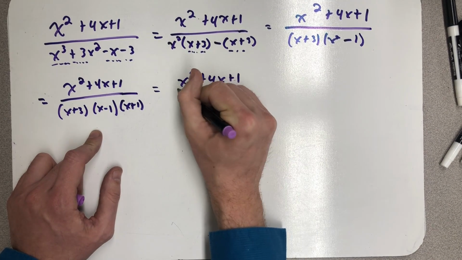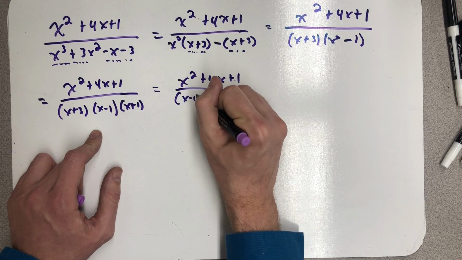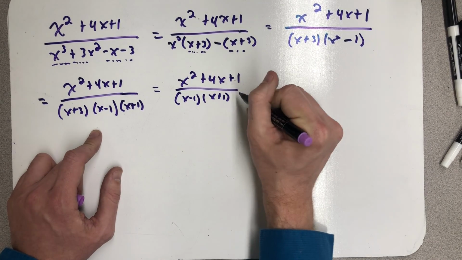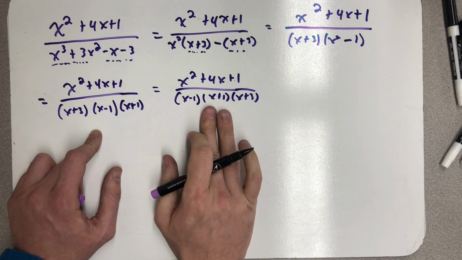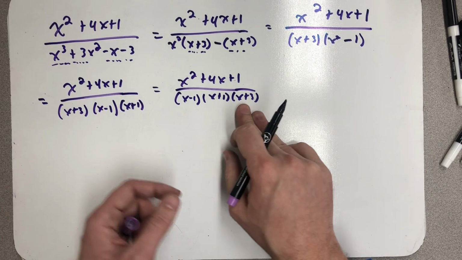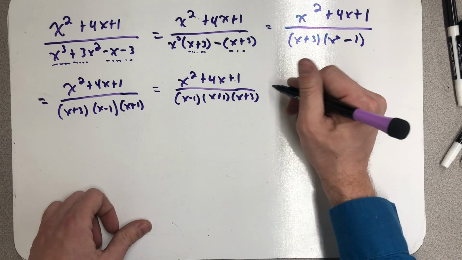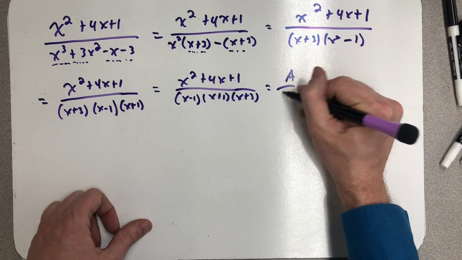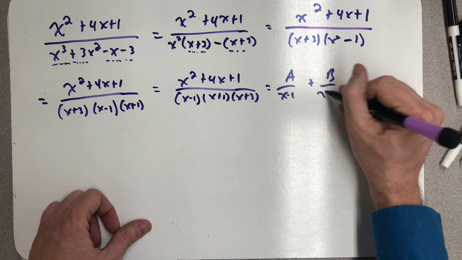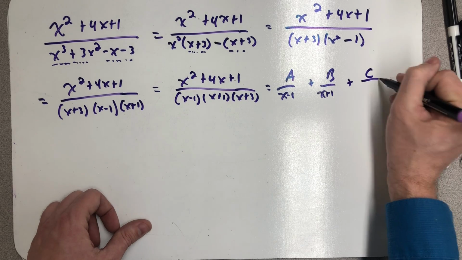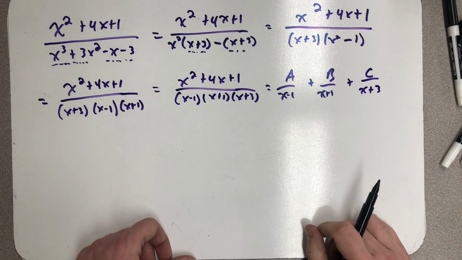And what I'm actually going to do first is rearrange the bottom just a little bit. And this part's not necessary. To be honest, I'm going to rearrange it so that my factors appear as the x minus 1, x plus 1, x plus 3 for no other reason than that's actually what I did when I worked the problem out before the video. It doesn't really matter, but since I've gone through the trouble of working this problem out before I started making the video, I might as well make my A, B, and C match what I had done earlier.